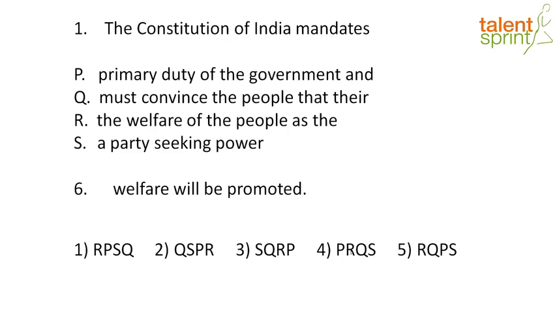The first one that we have is the Constitution of India mandates. So that's the topic part that is given to us, and then the parts in between, P, Q, R and S, are jumbled, and then we have the closing part, welfare will be promoted. Now there are various strategies that you can apply to a pattern like this. One, you can go from the last part, seeing which part attaches itself to the closing part.